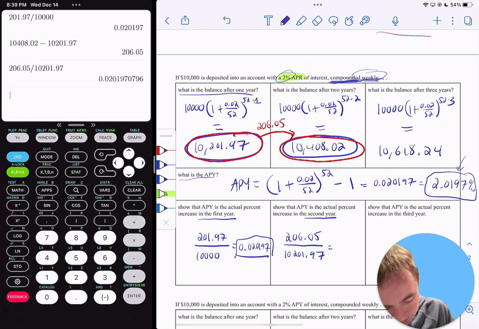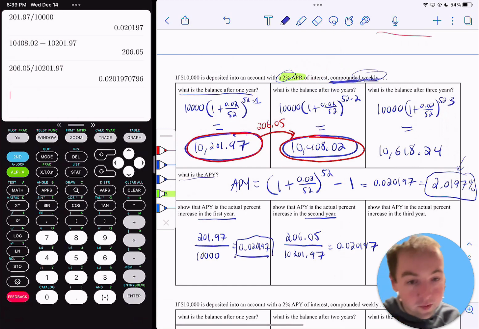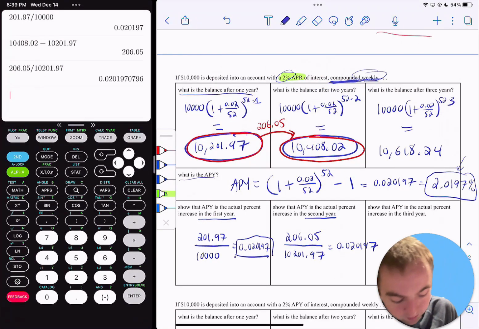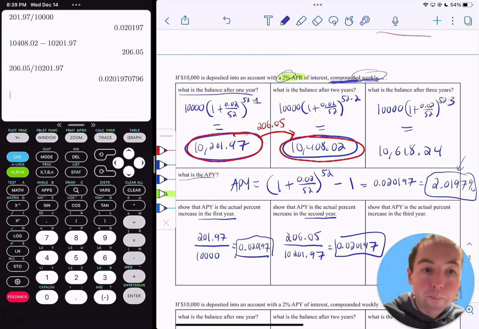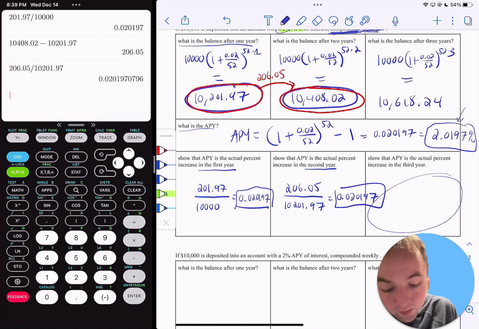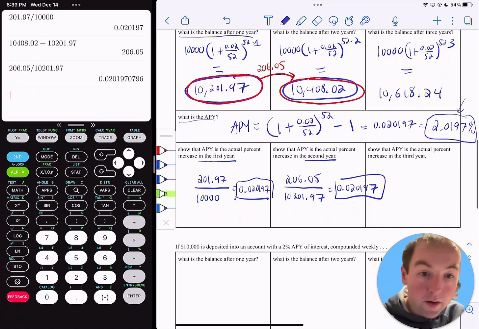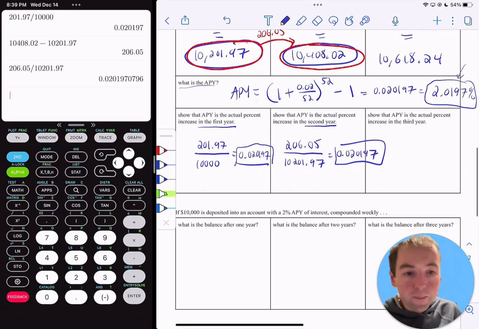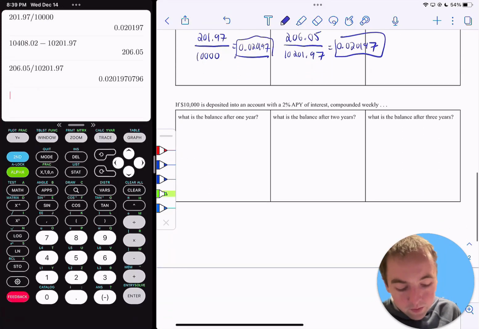And that equals, as you see on the calculator there, 0.020197. There's more decimal points, but it's the same thing, right? So we get the APY. So I think I'll just kind of leave it there. You get the points. Obviously, you could mirror that same sort of process in the third year and get the same APY, of course. Okay, so that's what we see happening with APY, right?